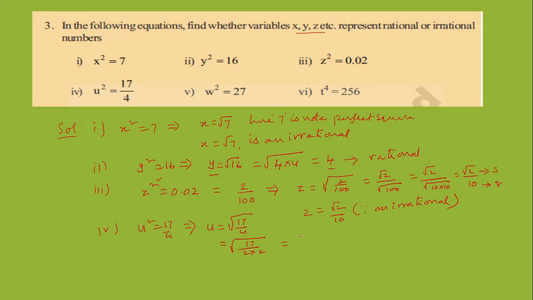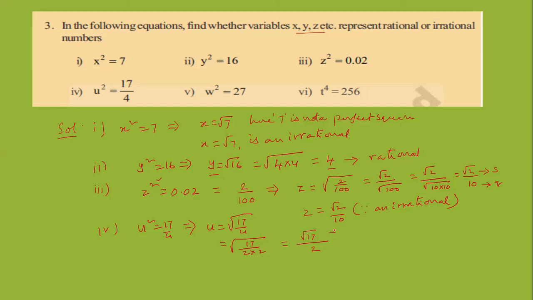Now you move to the fourth one. u square is equal to 17 by 4. That means you transfer the square from left to right. What do you write? u is equal to square root of 17 by 4. That means square root of 17 by 2 into 2. That means in the numerator you write root 17. In the denominator there are two equal factors.